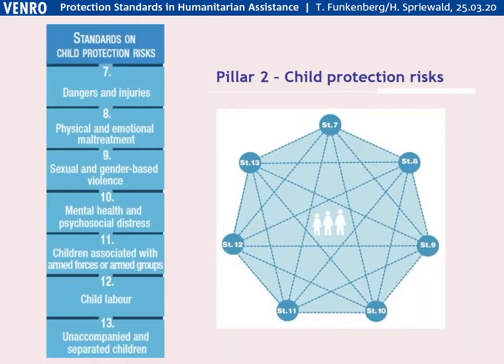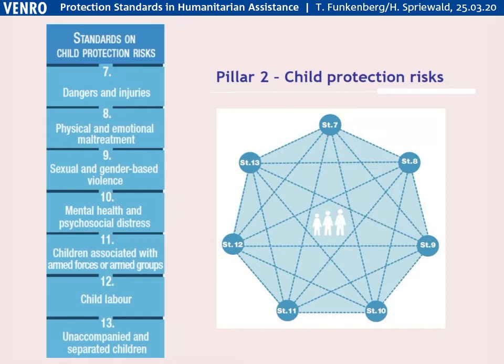So Pillar 2 actually lists 7 major child protection risks during a humanitarian crisis. They are: dangers and injuries, physical and emotional maltreatment, sexual and gender-based violence, mental health and psychological distress, children associated with armed forces and armed groups, child labor, and unaccompanied and separated children.